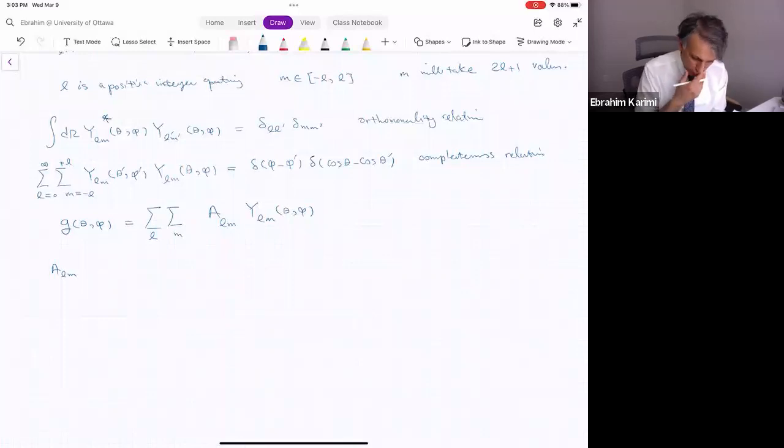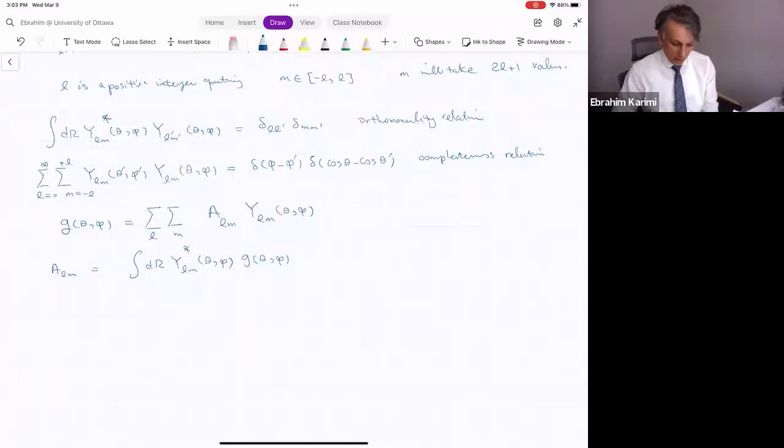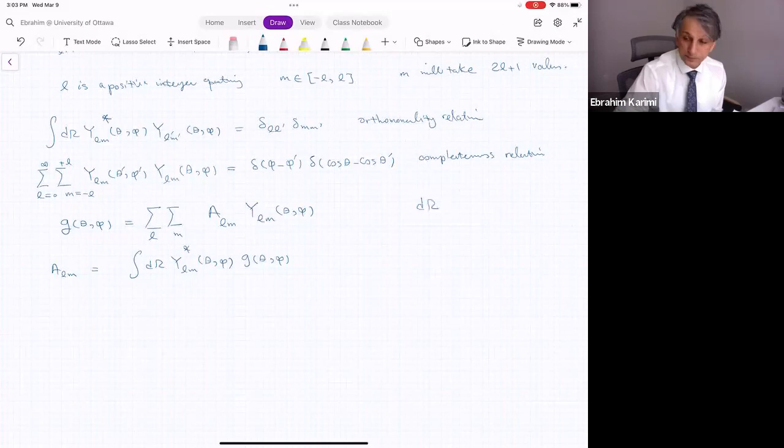So you use the orthonormality relationship, then ALM can be found in terms of the integral of d omega YLM star of theta and phi, then G of theta and phi. And remember, what was d omega?